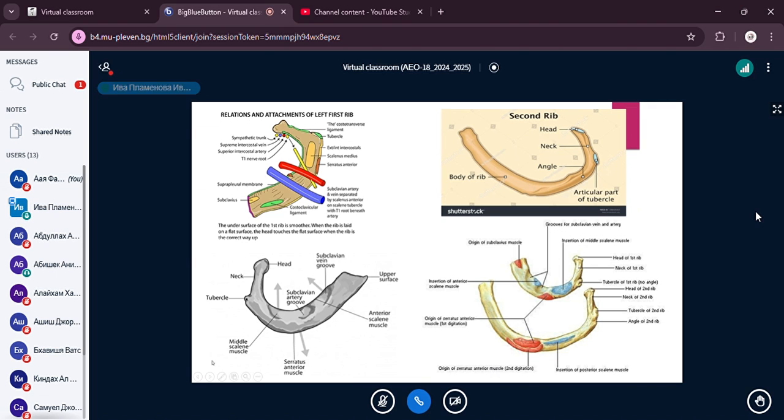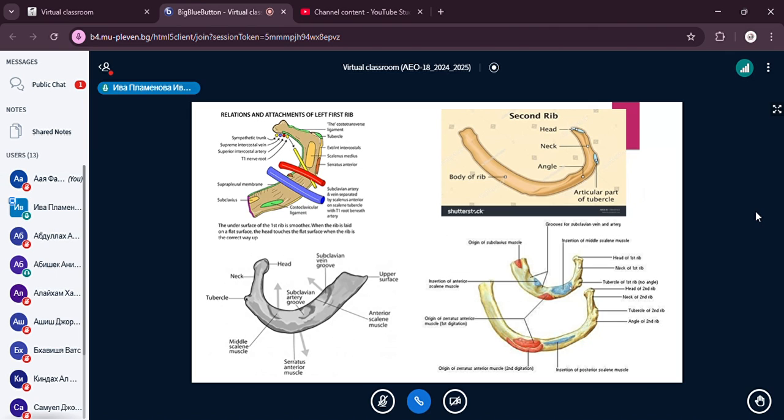Between them, you can see again here, head, neck, rib tubercle without angle. That's the groove for the artery. Here is the groove for the vein. The blue points are for the insertions of some muscles.